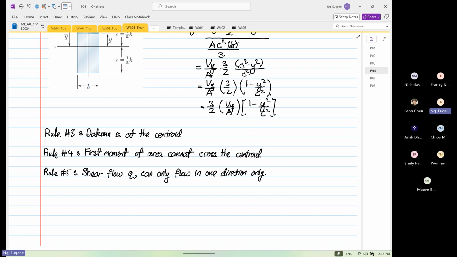Okay, which is similar to liquid flow, right? When you ask what is shear flow, it is similar to fluid flow.